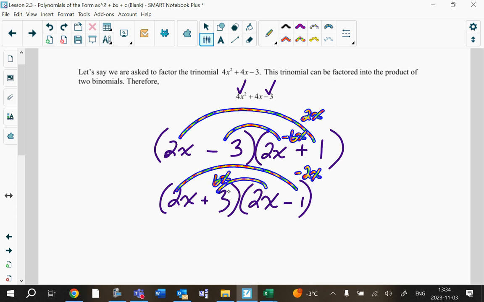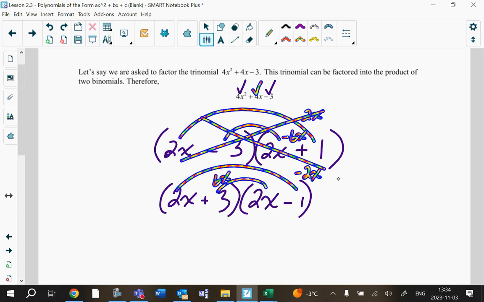It works. Okay, this one doesn't work. You guys will get to the point where you'll start being able to figure out how to choose these numbers so that the middle will work. But this is how essentially it works.